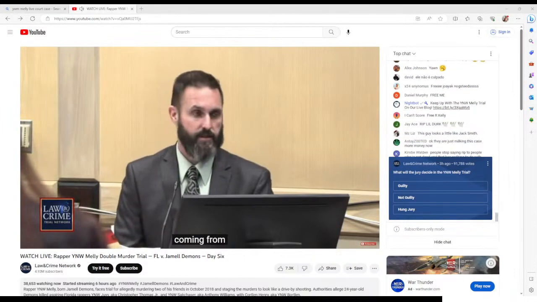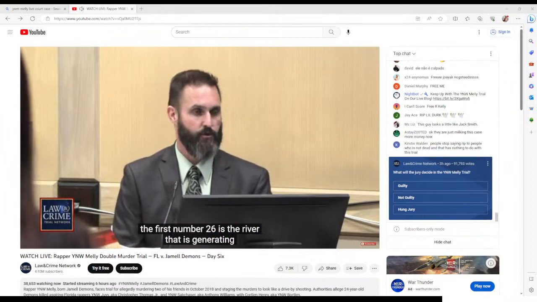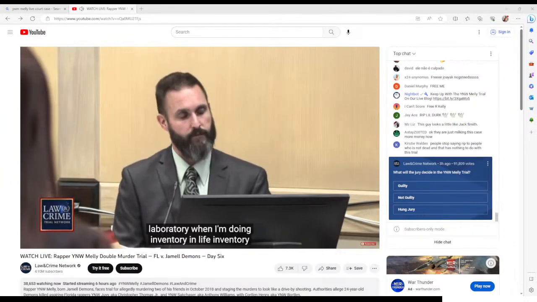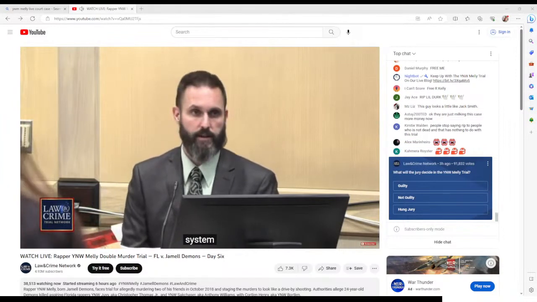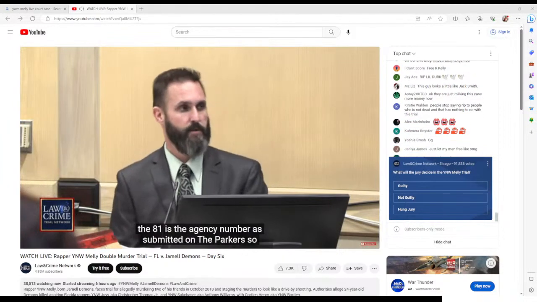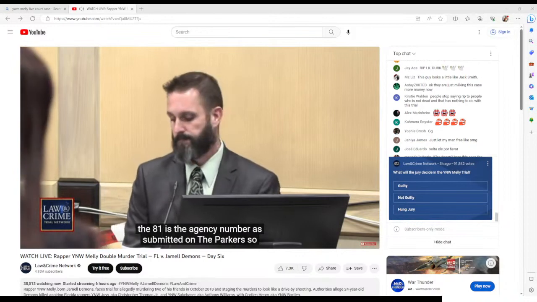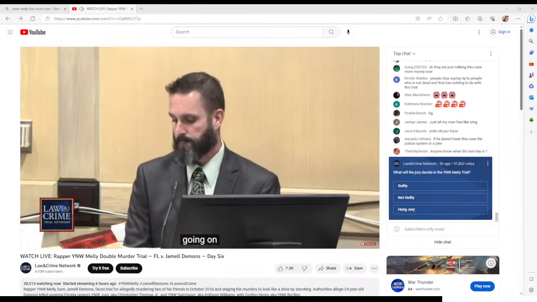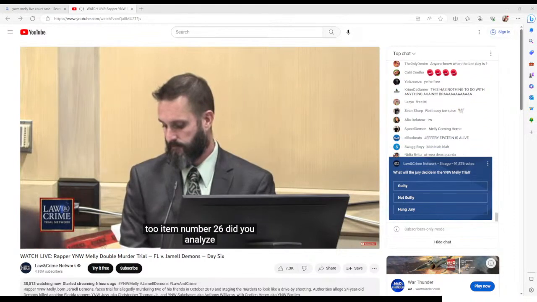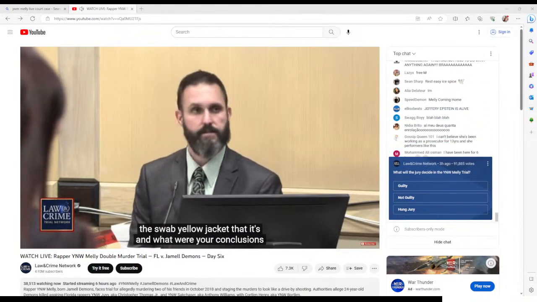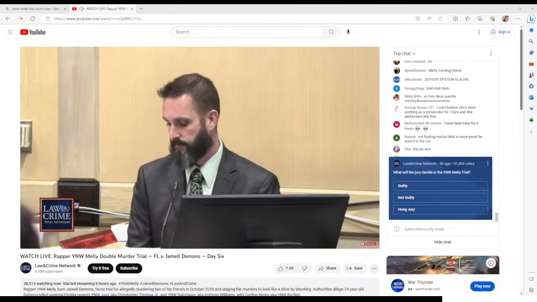The first number, 26, is the item number that is generated in the laboratory when I am doing inventory in my inventory system. The 81 is the agency number as it's submitted on the prior receipt. Okay. So going on to item number 26, did you analyze the swab of the yellow jacket as it's described? I did, yes.